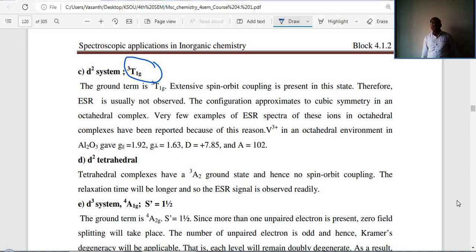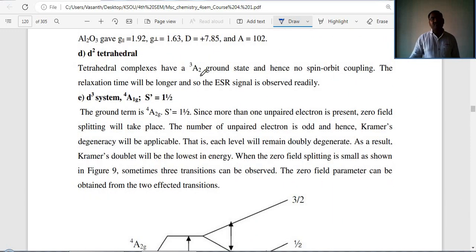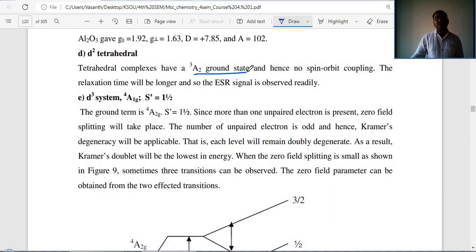The configurations approximate to cubic symmetry in the octahedral complex. In the d2 tetrahedral system, it is a ground state with no spin orbit coupling. The relaxation time will be longer and so the ESR signal is observed readily.